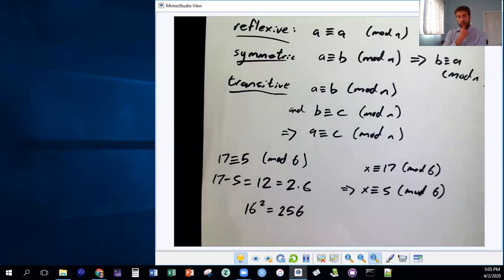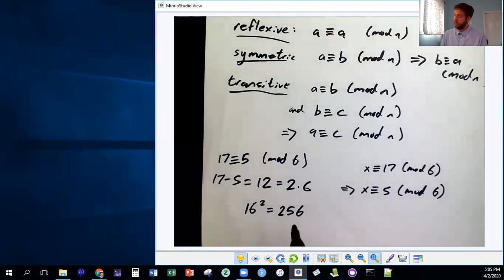Well, this number is even, but is it a multiple of 6? Do you know how to check if something is a multiple of 3? You add up the digits, and if that's a multiple of 3, then the number is also a multiple of 3. So here, the digits are 2, 5, 6, that's 13. 13 is not a multiple of 3, but 12 is.